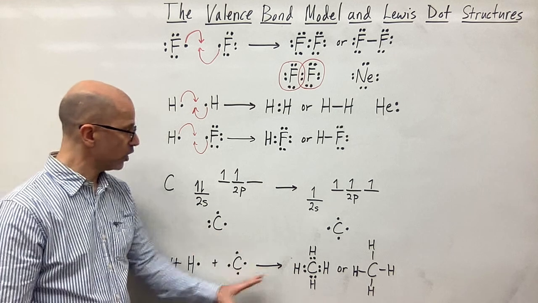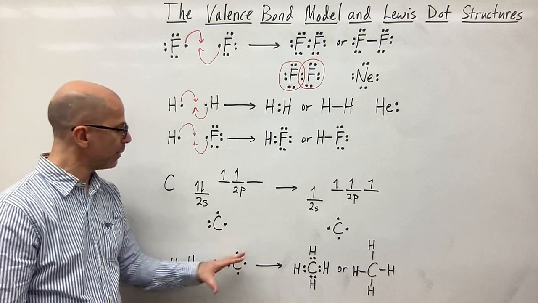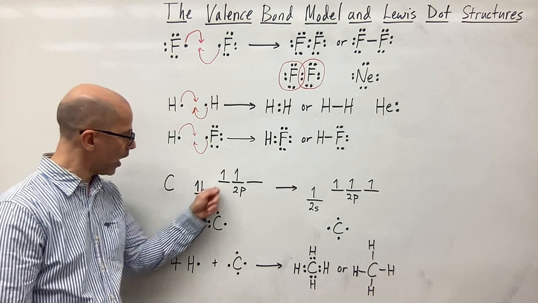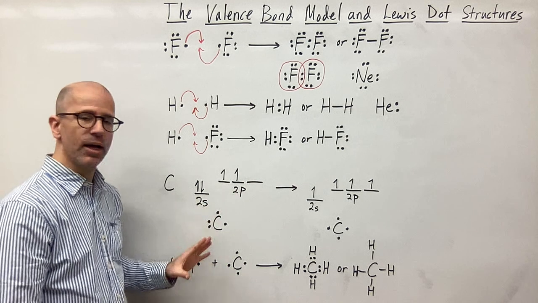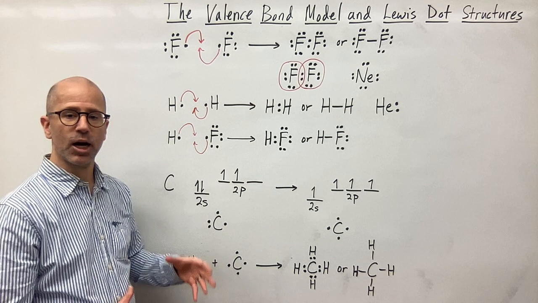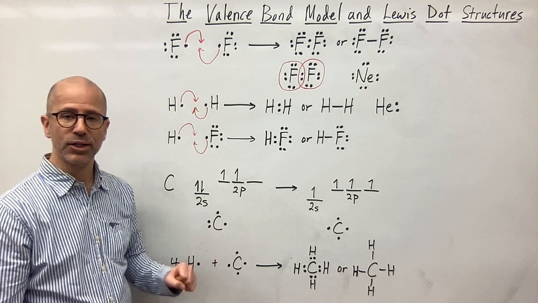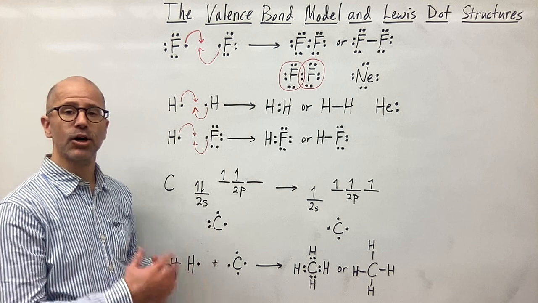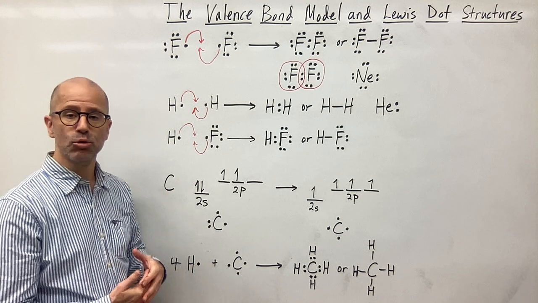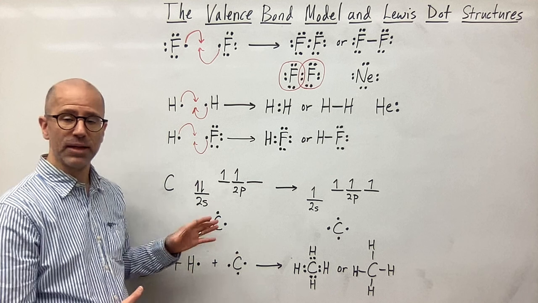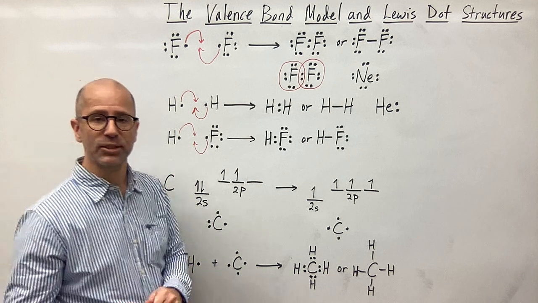Again, the Lewis dot model or the valence bond model kind of breaks down here because it doesn't quite fit with the orbital diagram that we have for carbon. There's a few other things we'll have to talk about, but let's go ahead and talk a little bit more about hydrocarbons and some other compounds that we can make Lewis dot structures from using valence bond theory, but we might have to tweak things a little bit. So stay tuned.